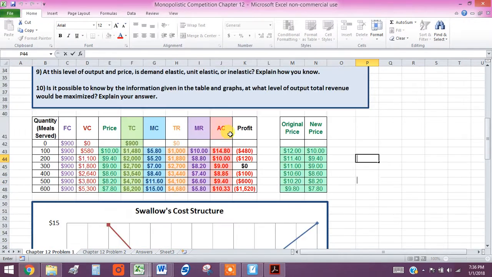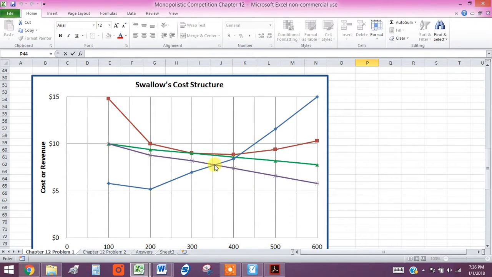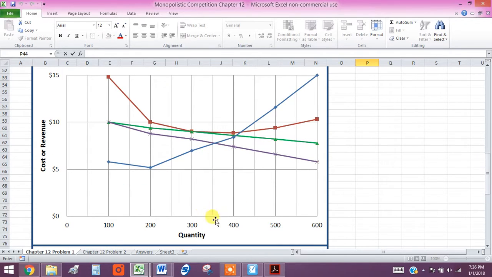Okay, so we come back here and we look at where marginal cost in the blue intersects with marginal revenue, and we go up to the price, and there's no output in the table at that point. That's about 360. So we're going to have to drop back, because if we go up to 400, then we don't want that, because marginal revenue is way below marginal cost here.